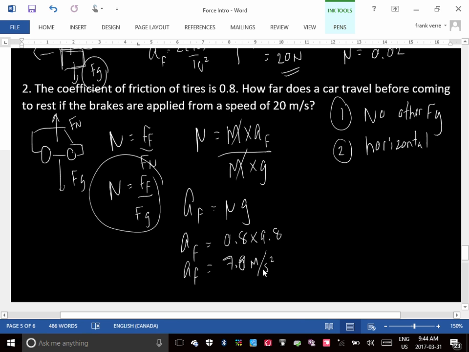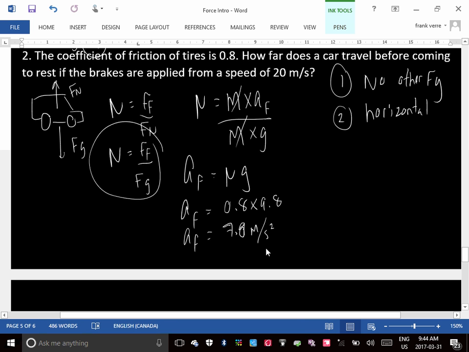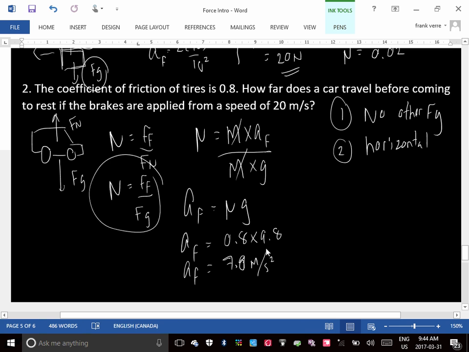Can we now figure out the distance? Okay, so we could use the good old-fashioned d equals vi t plus 1/2 a t squared. Oh, wait a minute, we don't have the time. We don't want to use that equation. Maybe this equation will be better.